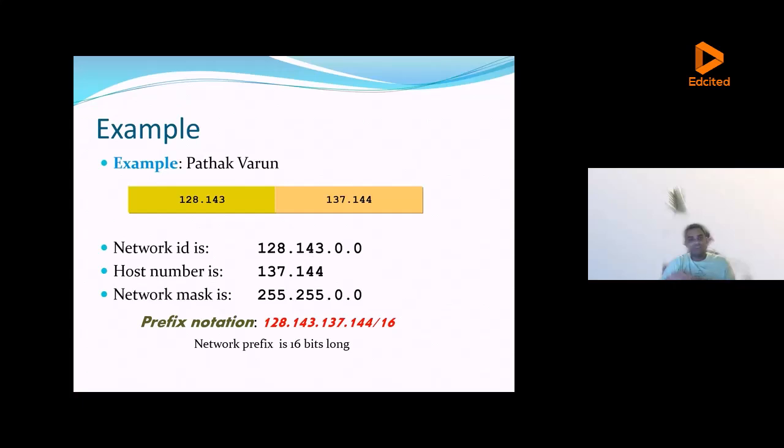Okay. So this is just an example, that half of the part is showing you the network and half of the part is showing you the host. Correct? Just for the example. It depends on the classes. Sometimes the first one shows the network. Sometimes the first three show the network. It depends.